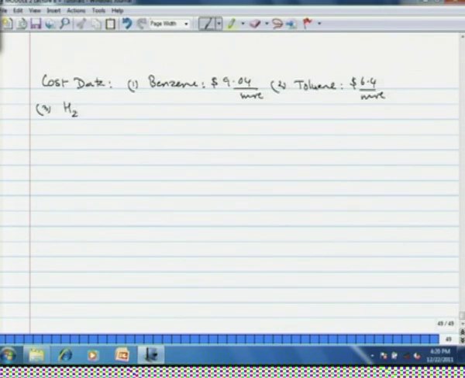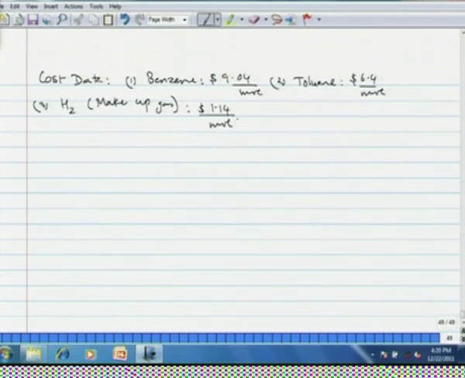Hydrogen, which means we say this makeup gas which includes methane as impurity, can be taken as $1.14 per mole. The fuel cost is $4 per million BTU.